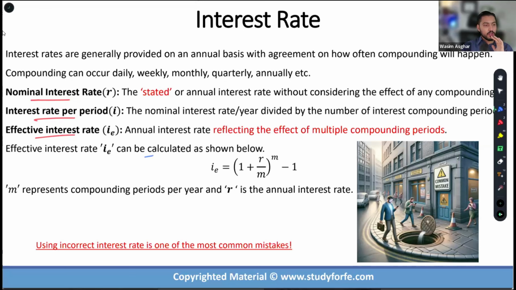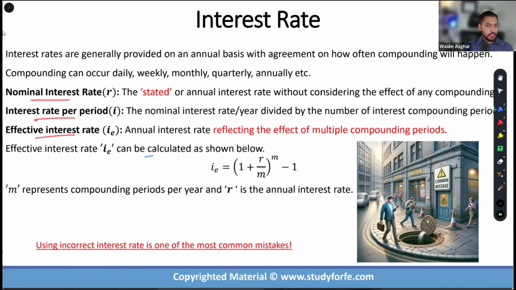If there is no prefix, no suffix attached to an interest rate percentage, you assume it to be compounding once every year, okay, at that given rate. Now, when we start adding some caveats, some qualifiers to them, then we have to be really, really careful.